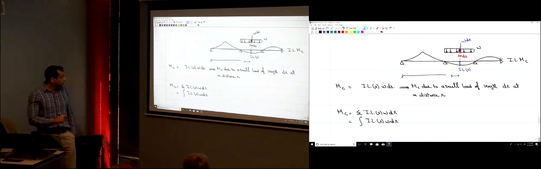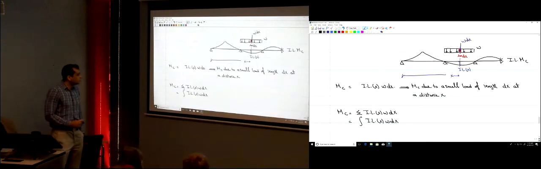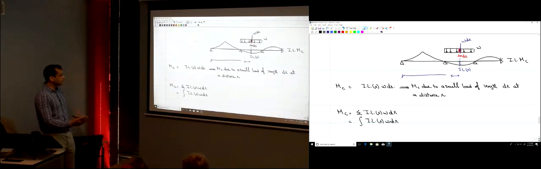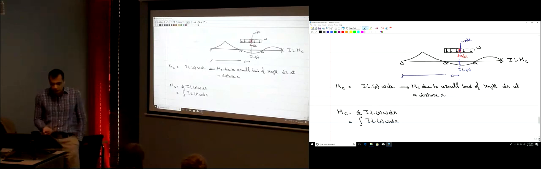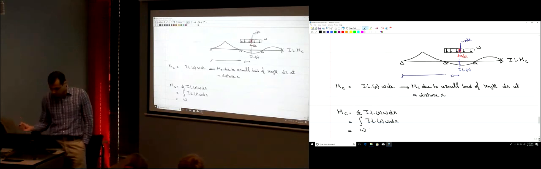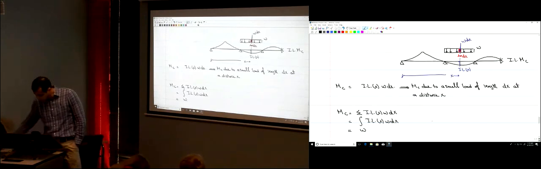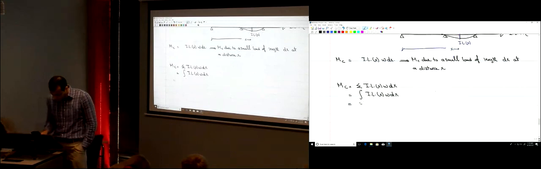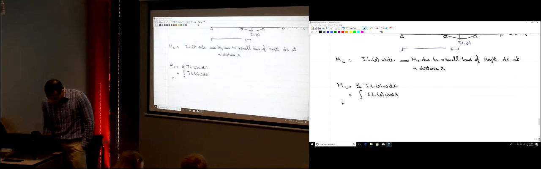Now, doing this integration, W is the magnitude of the uniform load, which is constant. So you can move it out of the integral, because W is constant. For a uniform load, W is constant.